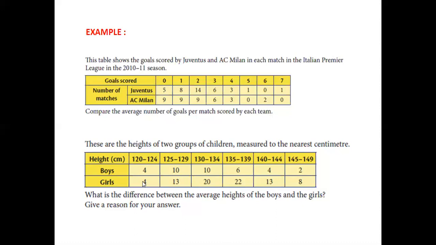And for the second group also, you first find the mean of heights, multiply by the number of girls, and add the next groups also, calculating like this, and the third group also. Finally you divide by the number of girls, which was 80. Am I right? Yes, 80. You will find each girl's height.